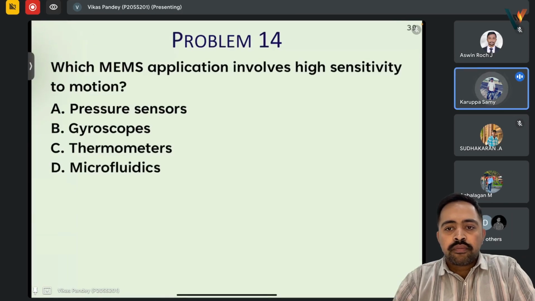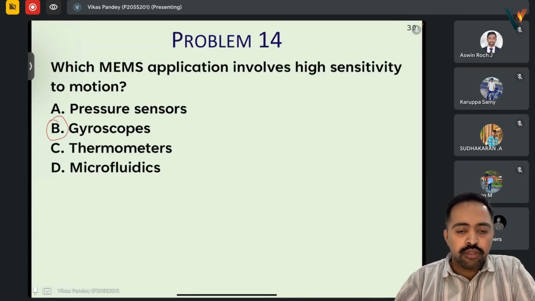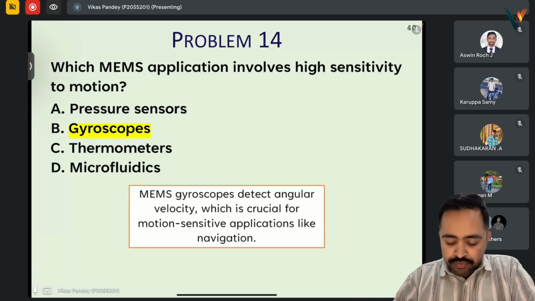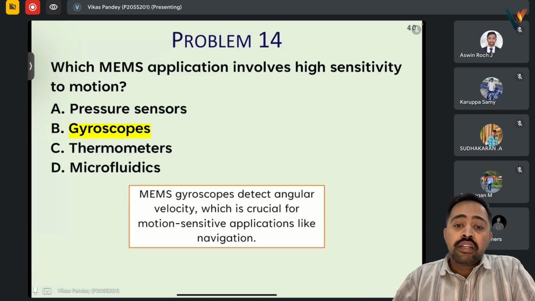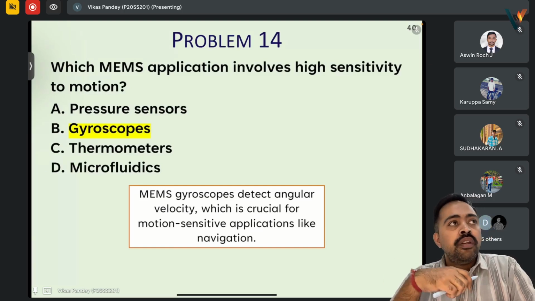B, sir. Gyroscope. Yeah, any other answers? So it's the gyroscope that detects angular velocity, specifically important for motion-sensitive applications like navigation.